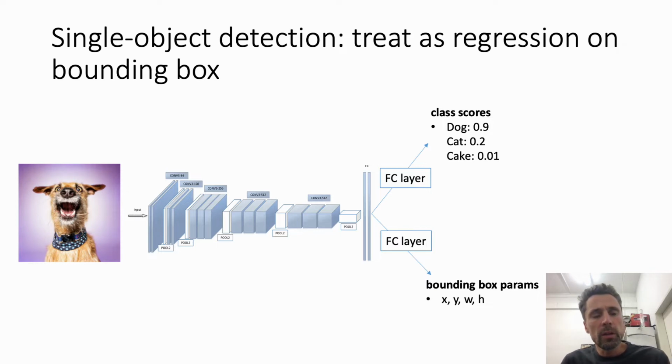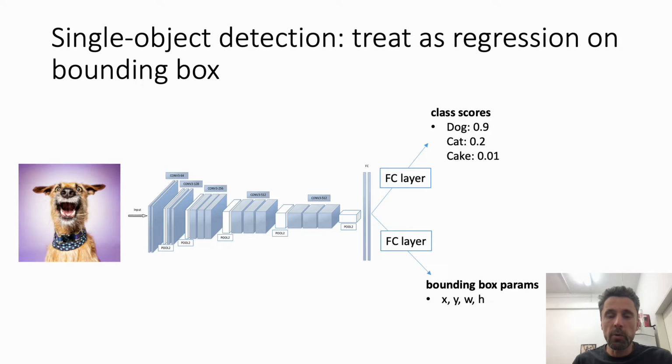We can also think of the network then to produce 4 more values that are not categorical variables, but continuous ones. So x, y, that is the, let's say, center position of the box, and w, h for width and height of that box.